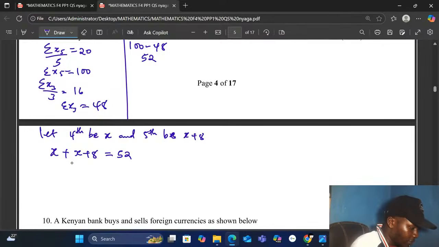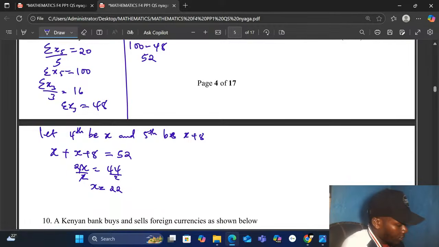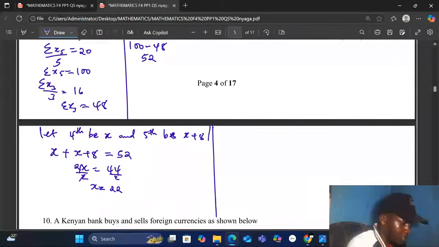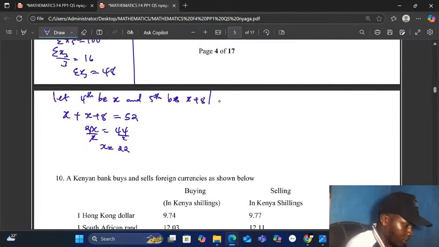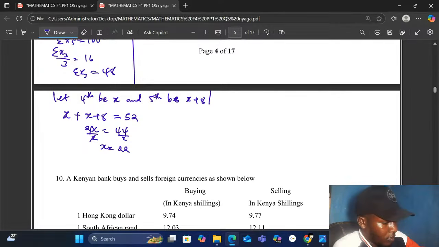So that we find the value of x. 2x is equal to now 44. So divided by 2, divided by 2, and x is equal to 22. Now remember that we finished.